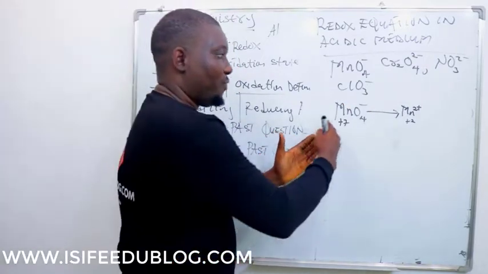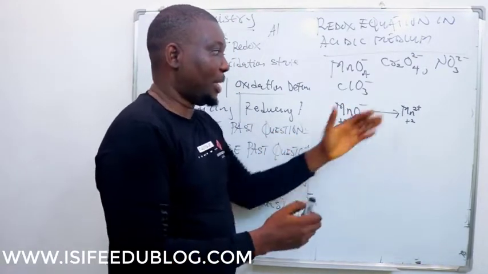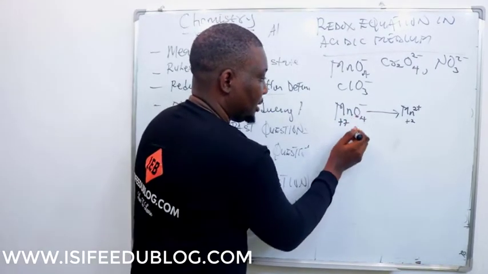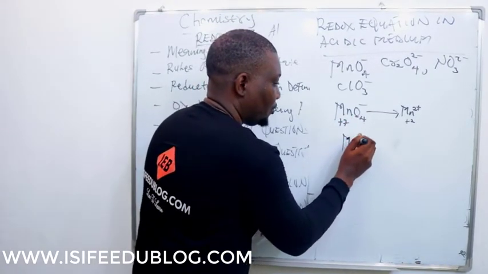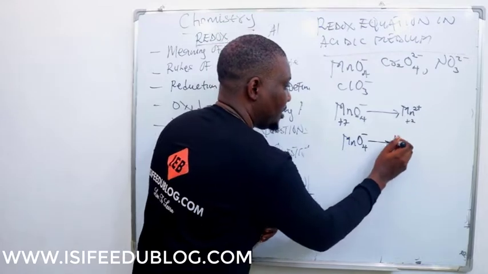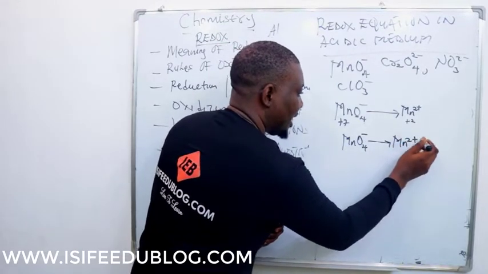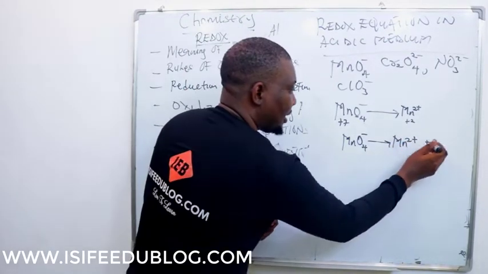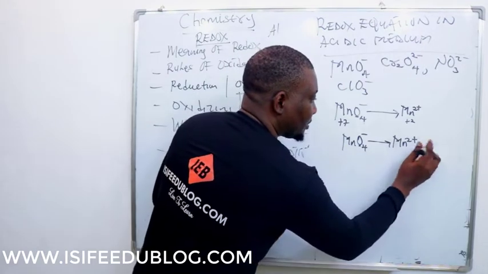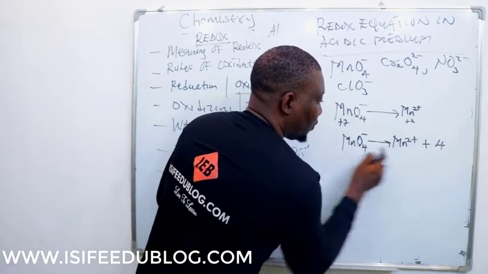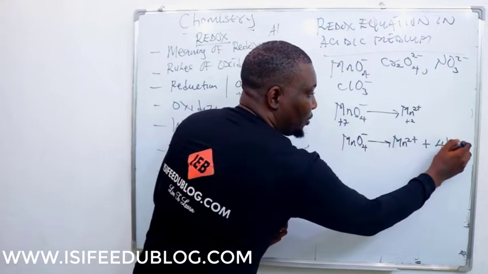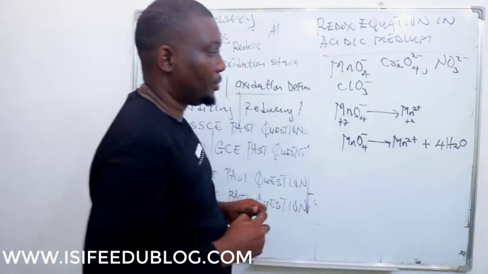Suppose I want to do the first step. First step is that I'll try to balance this oxygen. I have MnO4 minus here and Mn2+ there. There has been a reduction. To balance this oxygen, 4 molecules, just 4, so we have 4 H2O.